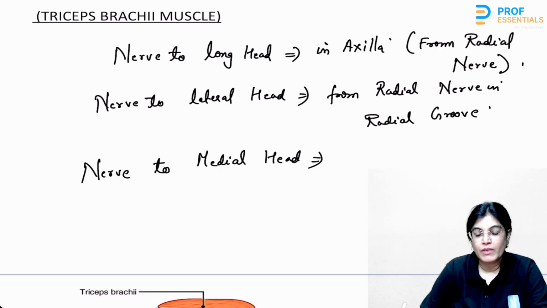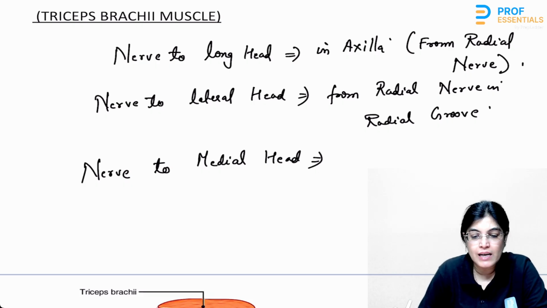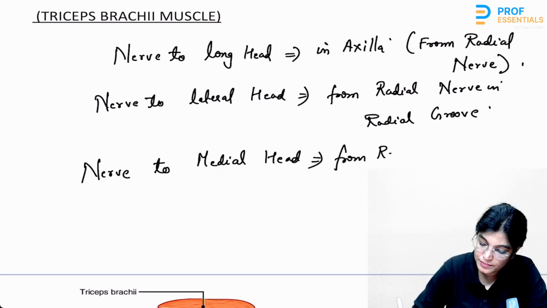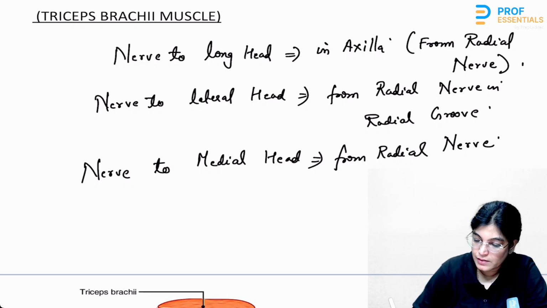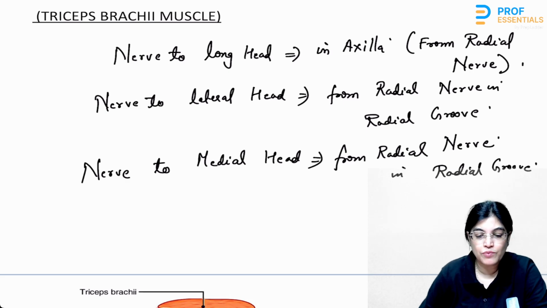So these are all getting innervation from the radial nerve, in the radial groove, lower parts. That is important for you to understand.